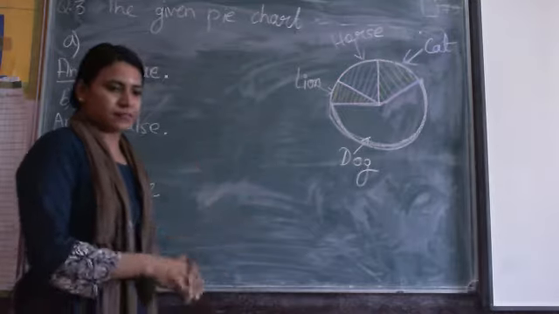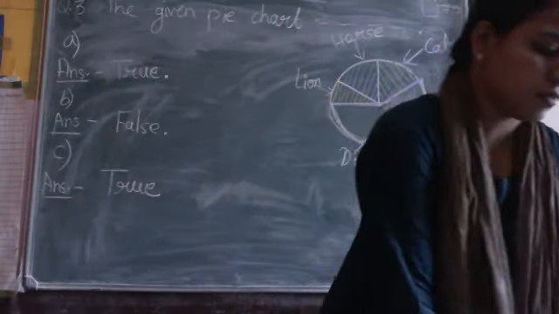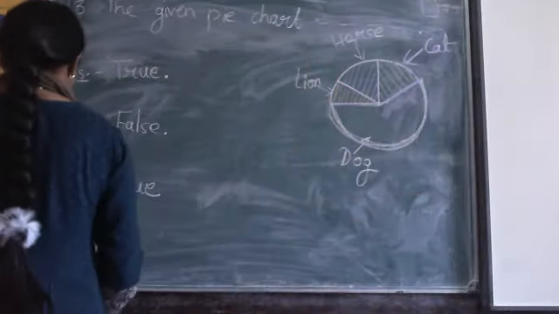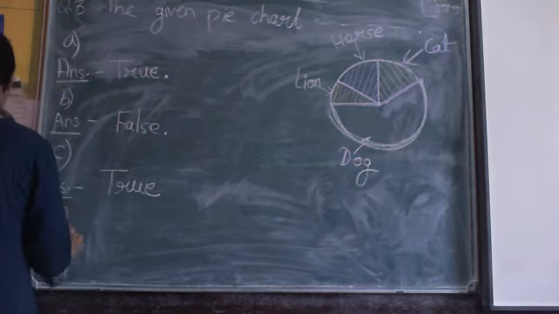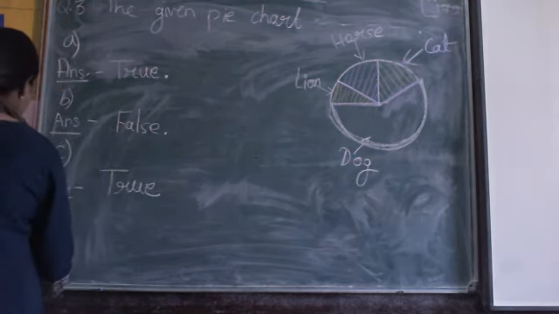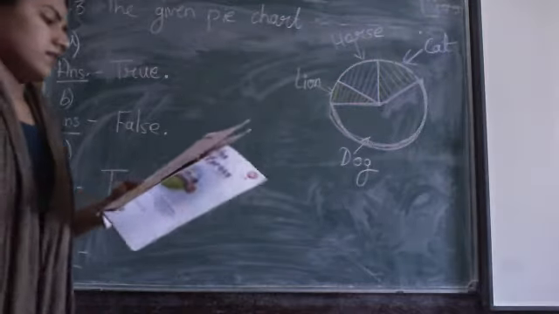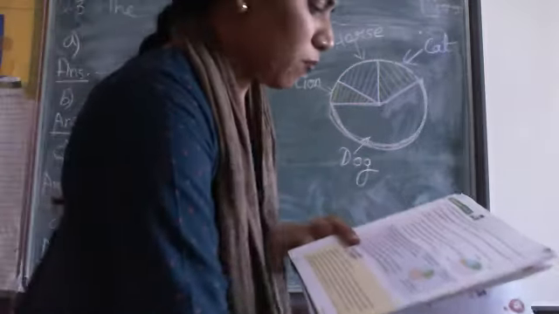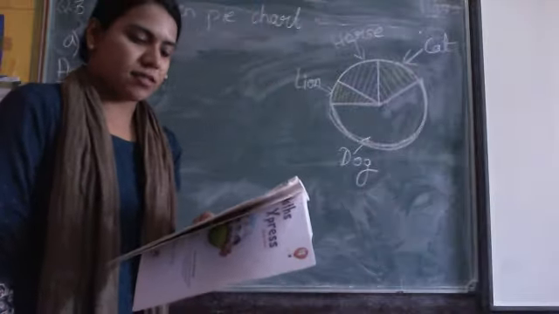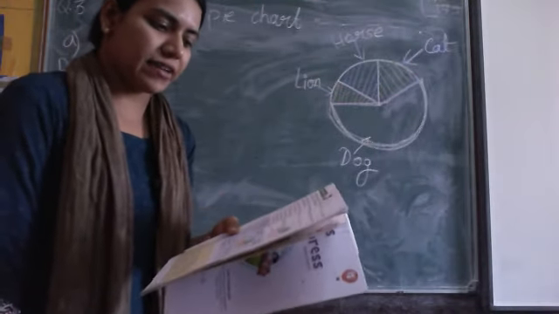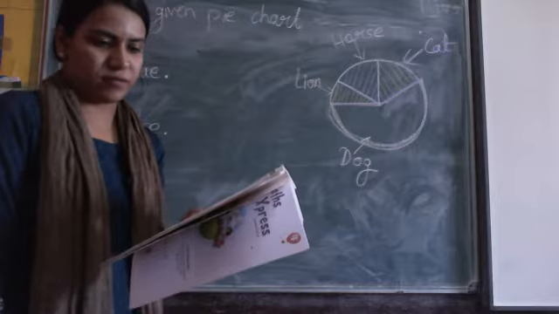is given. Now the last question. Read the question carefully. More children like lions, horses and cats put together than dogs.